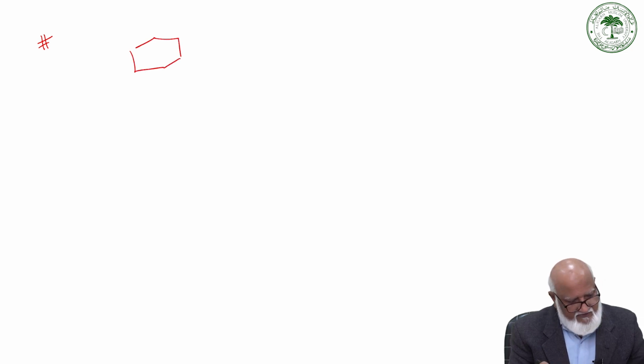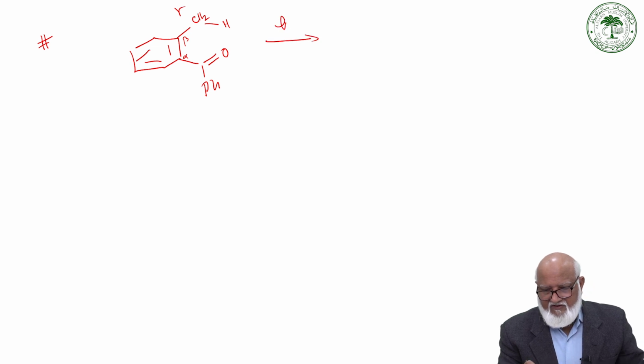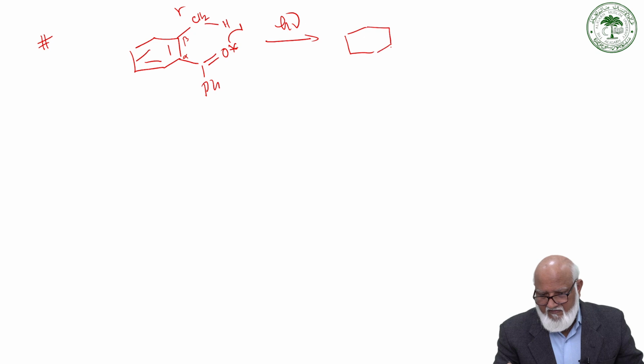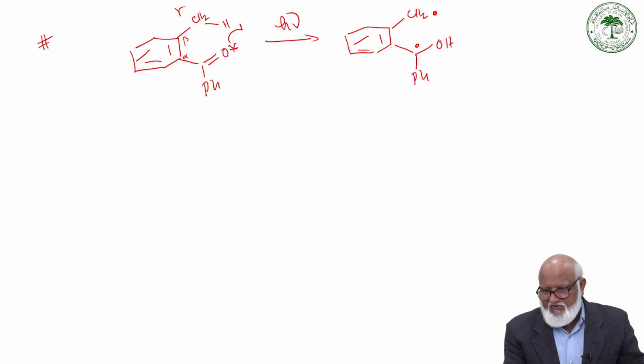This also involves a similar system. There is a methyl group, and a benzoyl group. This is a methyl group. We can write H here. This is alpha, beta, gamma. So under photolytic condition, the excited carbonyl can abstract a hydrogen atom to give a CH2 radical, and an OH, a diradical species.